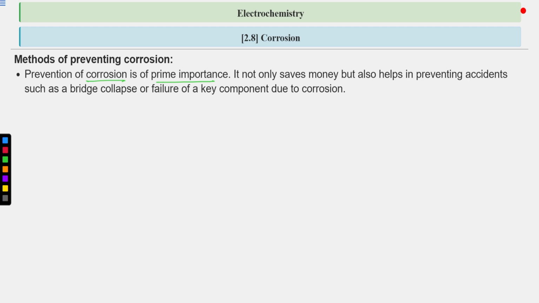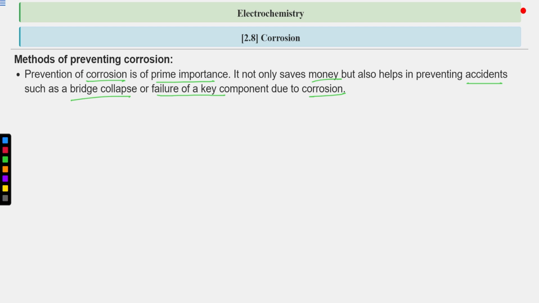It not only saves money but also helps in preventing accidents such as bridge collapse or failure of a key component due to corrosion, right? So bridge collapse happens due to the corrosion because of the older bridge. That's why we say don't walk on the older bridges, because maybe it gets corroded and can also collapse in the future.